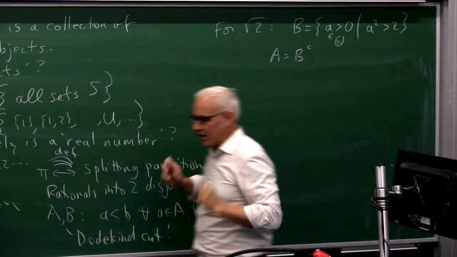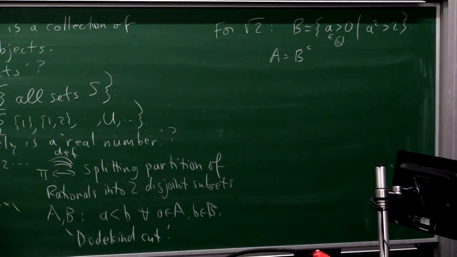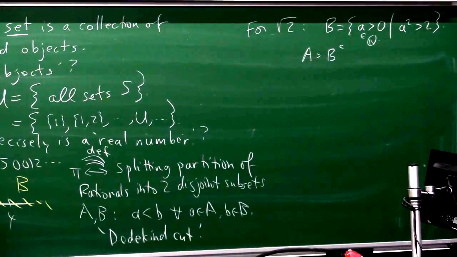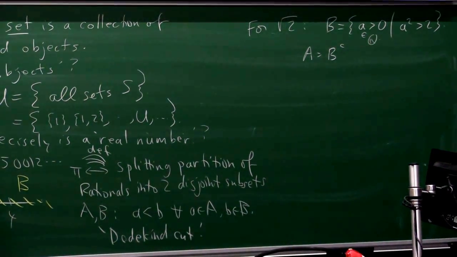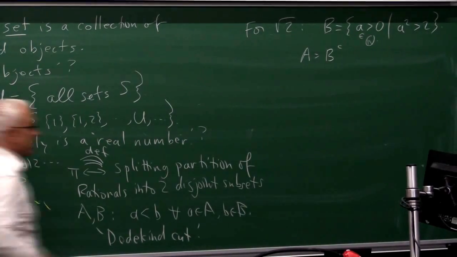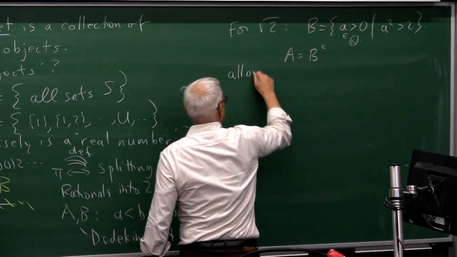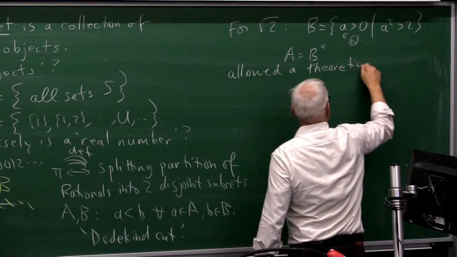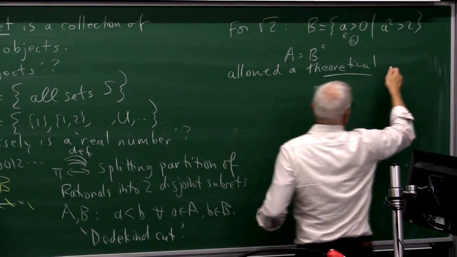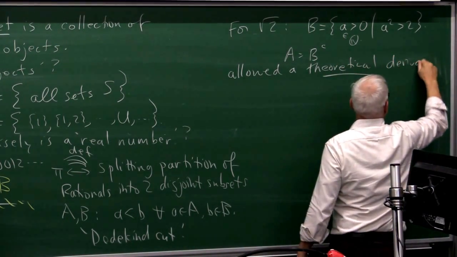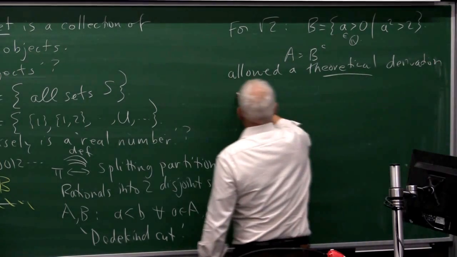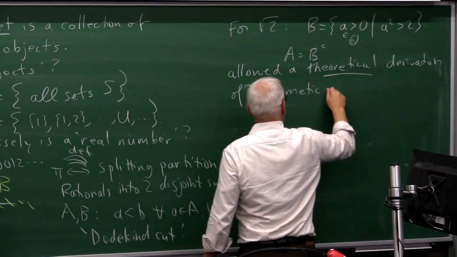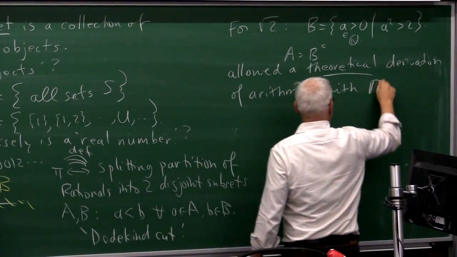The advantage that Dedekind realized is that if you view things this way, then the arithmetic of real numbers could be established relatively painlessly. So you could establish the arithmetic at least theoretically. So this allowed a theoretical derivation of arithmetic with real numbers.